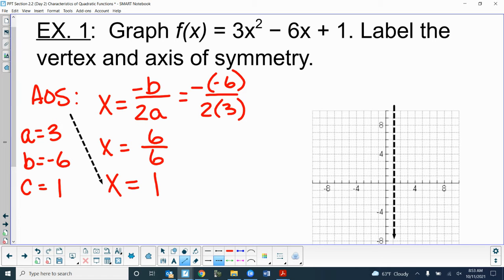Oops, there it is. All right? So then I can do the vertex.